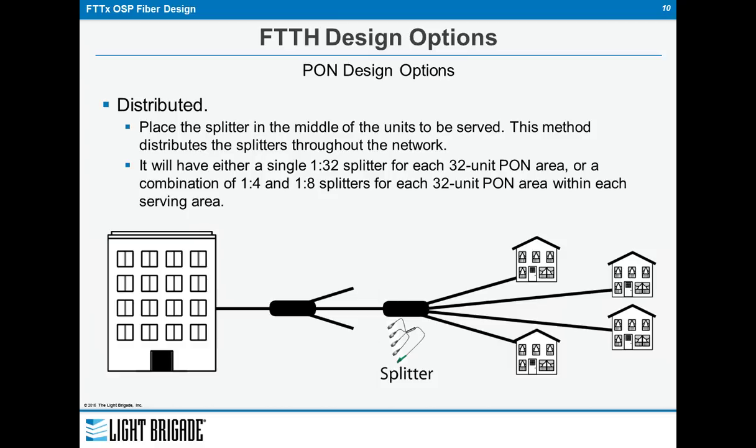On the advantage side, it substantially lowers your distribution cable counts, because the fiber required to feed homes is reduced, and we'll illustrate that in a couple slides here. And another advantage is that you've now eliminated the cost of right-of-way and acquisition for placing a cabinet, as well as the cabinet itself.